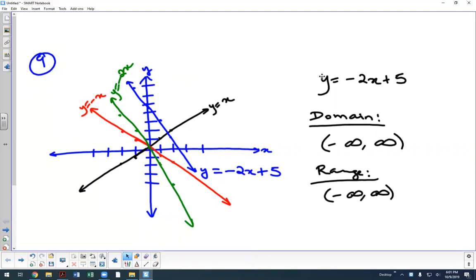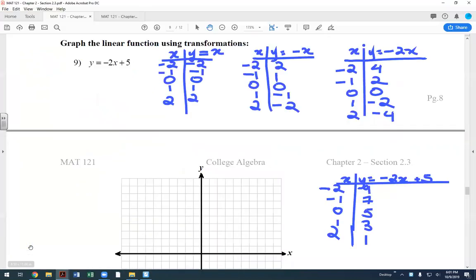So as far as our domain and range goes, this arm is still going up to +infinity on the y-axis, and on the left, it's going to -infinity. And then this arm of our graph, of course, is going down to -infinity on the y-axis, but then to the right to +infinity for x. So in this case, from the original function y equals x to this one, your domain and range will stay the same for both functions.